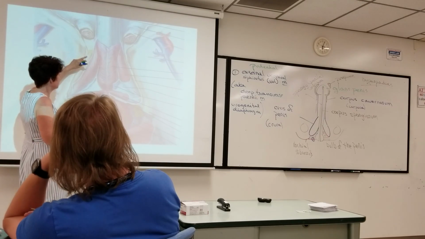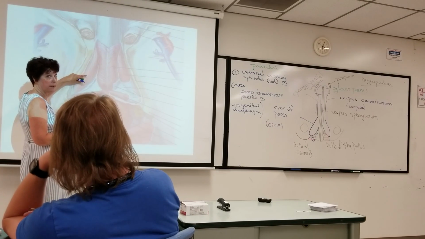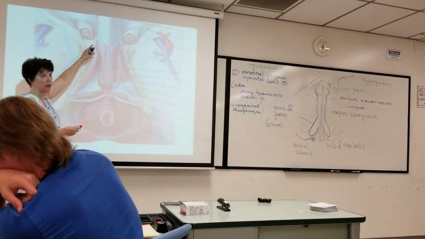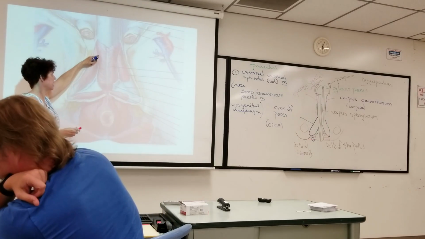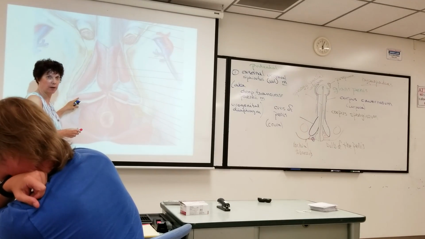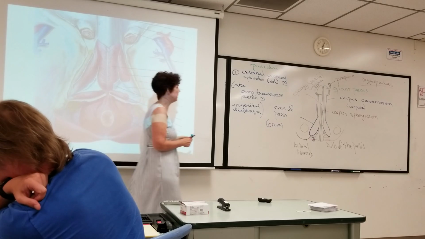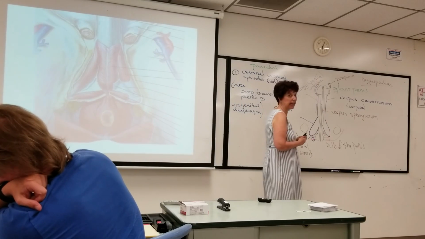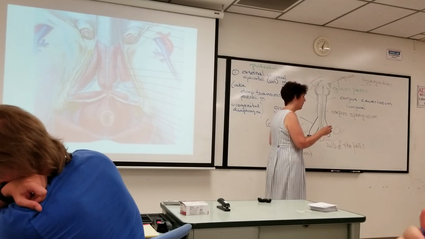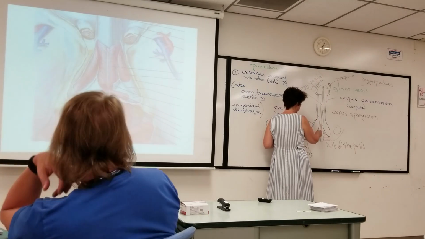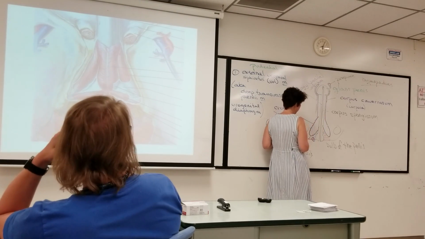This covers the crus of the penis, which is becoming the corpus cavernosum, and it's attached to the ischial bone and part of the pubic bone, which gives rise to its name. So that muscle is called the ischiocavernosus muscle. Okay? I'm just going to draw it in on one side. We're going to model this on Wednesday.